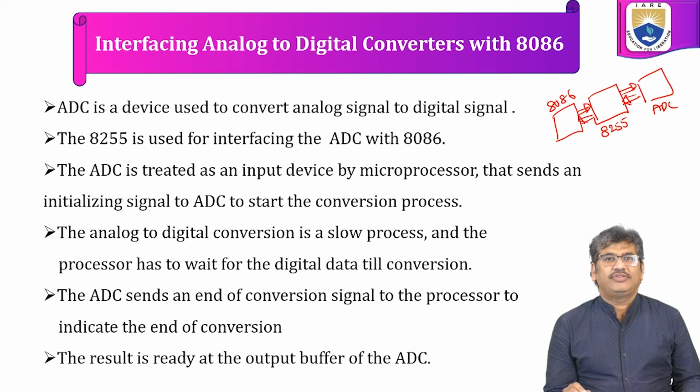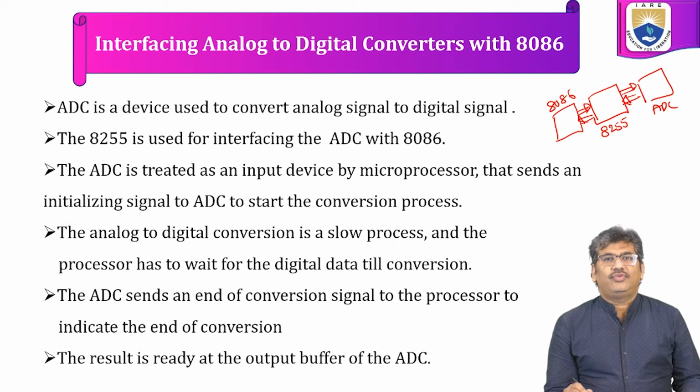Once the signal is given for conversion, it will take some conversion time to generate the digital output, and the processor has to wait for the digital data till conversion. The ADC sends an end of conversion signal to the processor to indicate the end of conversion. The result is ready at the output buffer of ADC that will be read by the 8086 processor through 8255.